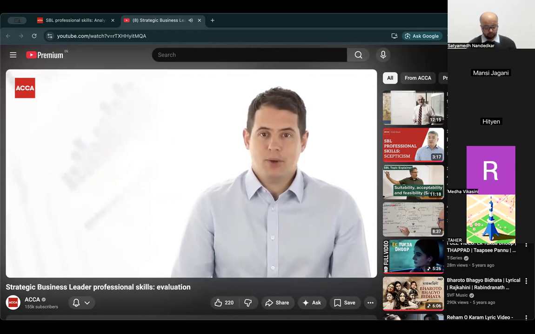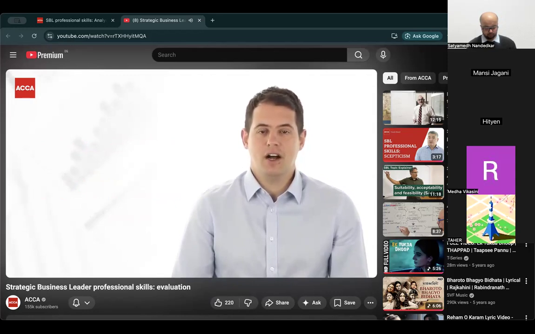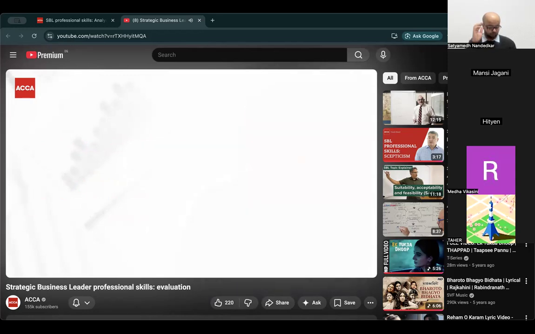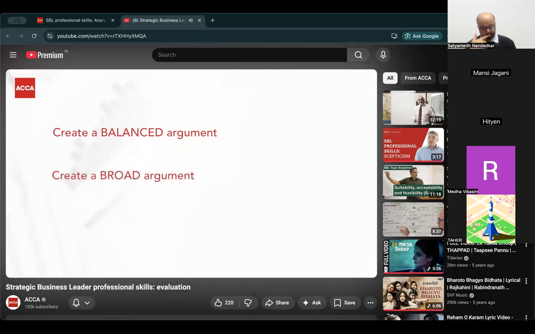So, the best ways to give your overall answer a strong structure and to demonstrate the skill of evaluation are to create a balanced argument. Use headings such as advantages and disadvantages, or benefits and risks to make sure you cover both sides of the issue. Create a broad argument. Just using information or ideas from one area isn't enough.